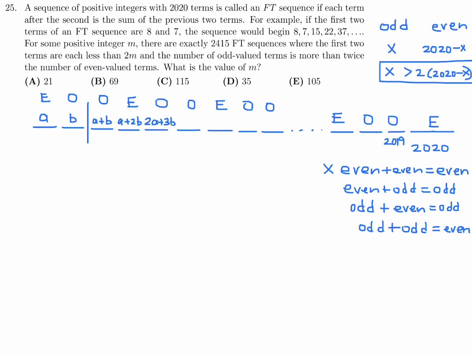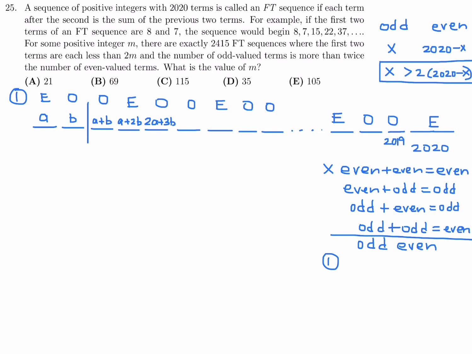Odd and even for scenario number, I'll just call it scenario number 1. How many odd and how many even do we have for this scenario? Well, I'm just going to concentrate on the 2019, and then we'll add one extra E at the very end. There's 2019, and each of them are broken up into segments of 3, right?